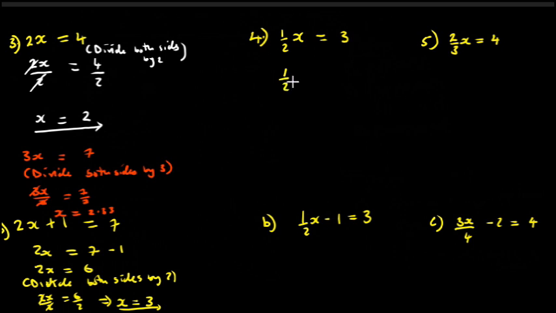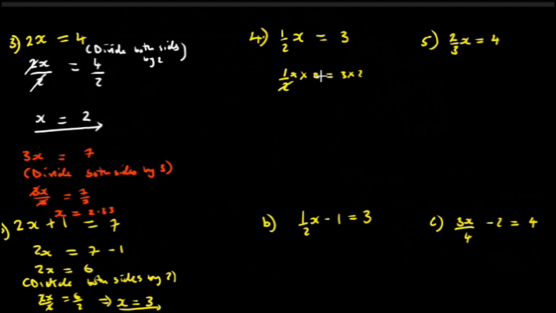Half x, multiply by whatever is in the denominator. Multiply by 2 is equal to 3. But what happens to the left-hand side should happen to the right-hand side. So I should also multiply by 2. Sorry for that. So I should also multiply this side by 2.